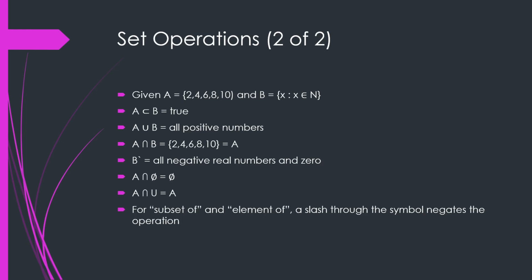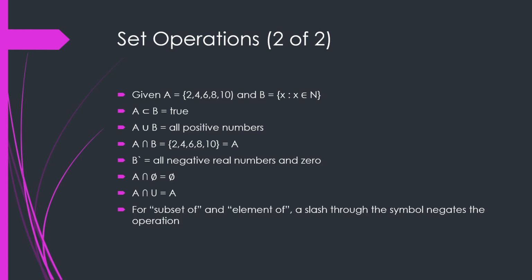That one is a good example of how this can get a little bit confusing. So to reiterate, the complement of B, which is the set of all natural numbers, is the set of all non-integers, all negative integers, and 0.